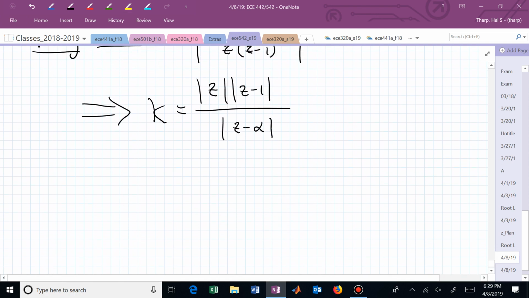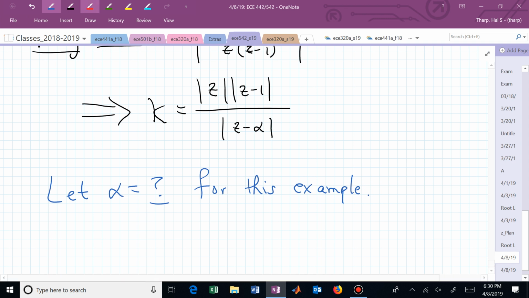Well, what's alpha, for crying out loud? What do we pick it to be? Well, that's why we probably get a little nervous. And we say, I don't know, what do we pick for alpha? Let alpha equal what for this example?